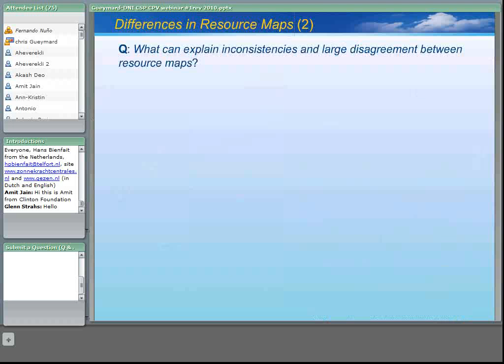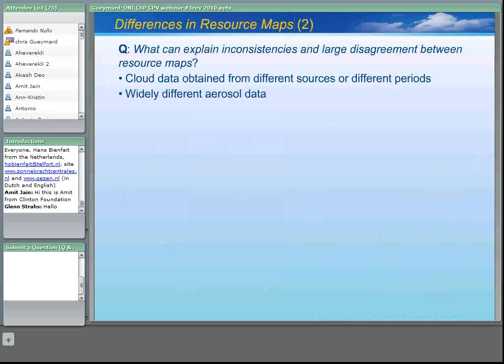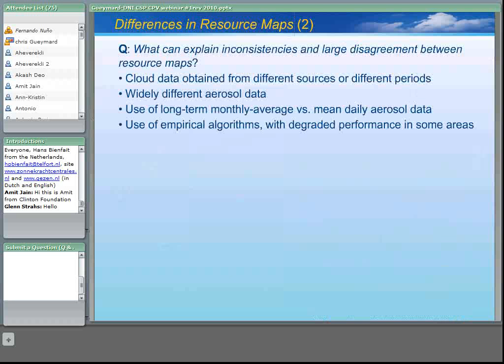So what can explain these inconsistencies and large disagreements? Well, cloud data certainly is part of that. They use widely different aerosol data sources. They might use long-term monthly averages or daily data, which is another source of problem. The use of empirical algorithms sometimes degrades performance in some areas, but you don't know that in advance.